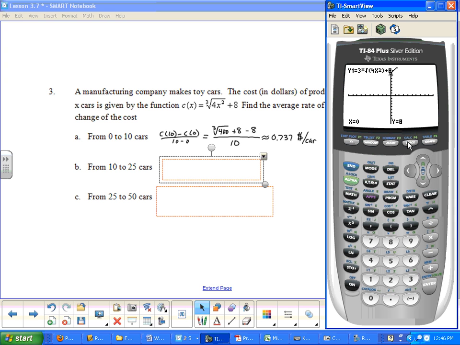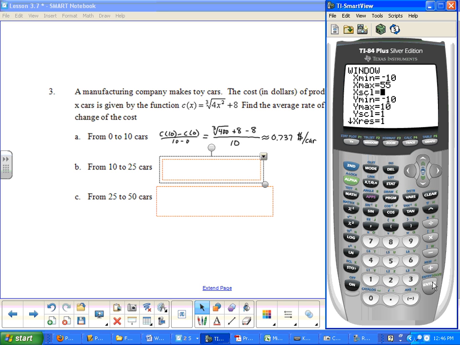you could hit trace, type in 0, we get 8, type in 10, 15.368, put in 25, and it won't give you a number. Why not? Okay, all right, it's not on there. I didn't go far enough horizontally. I would need to change my X max to go to at least 50 because I'm going up to 50 here.